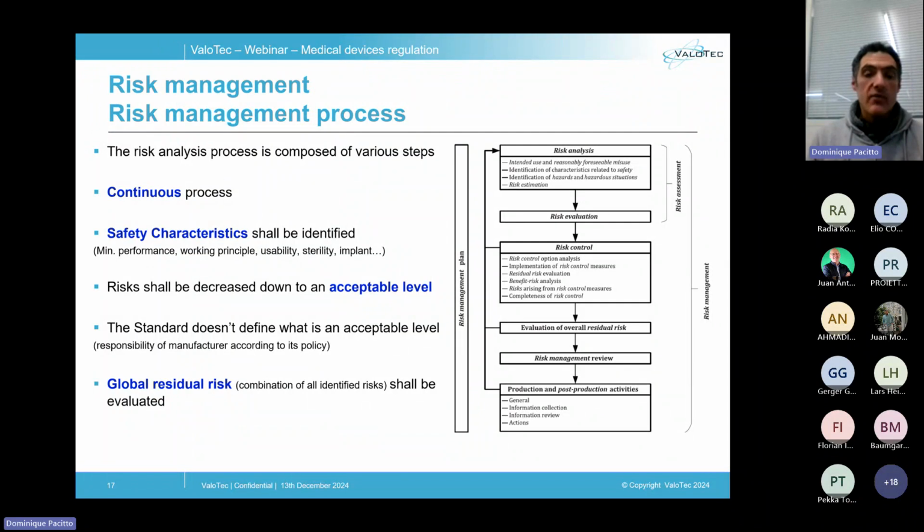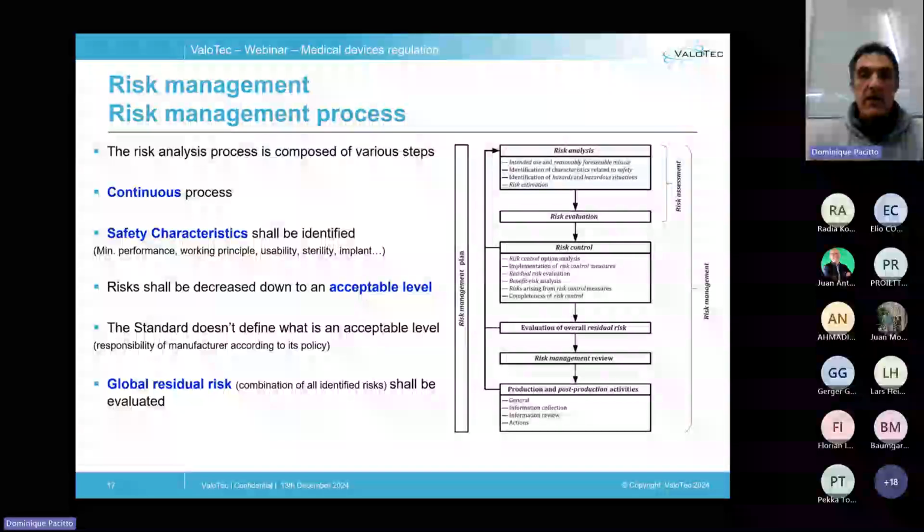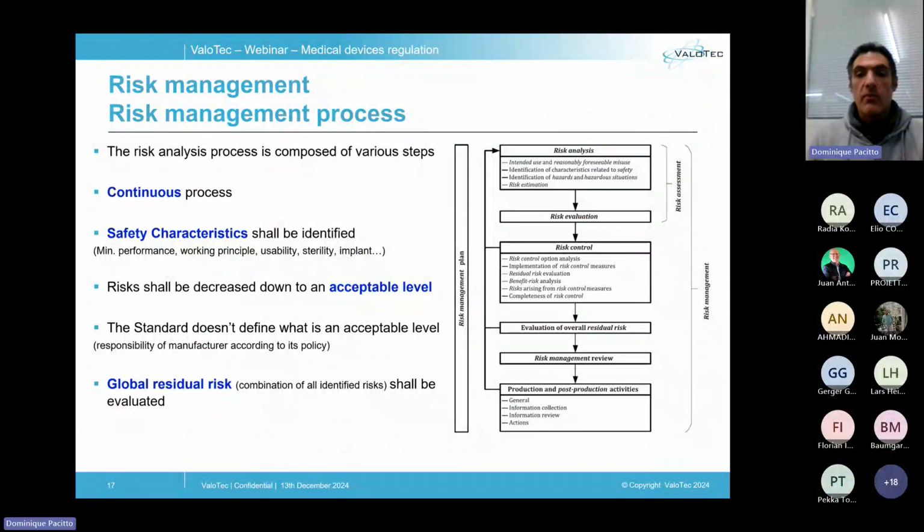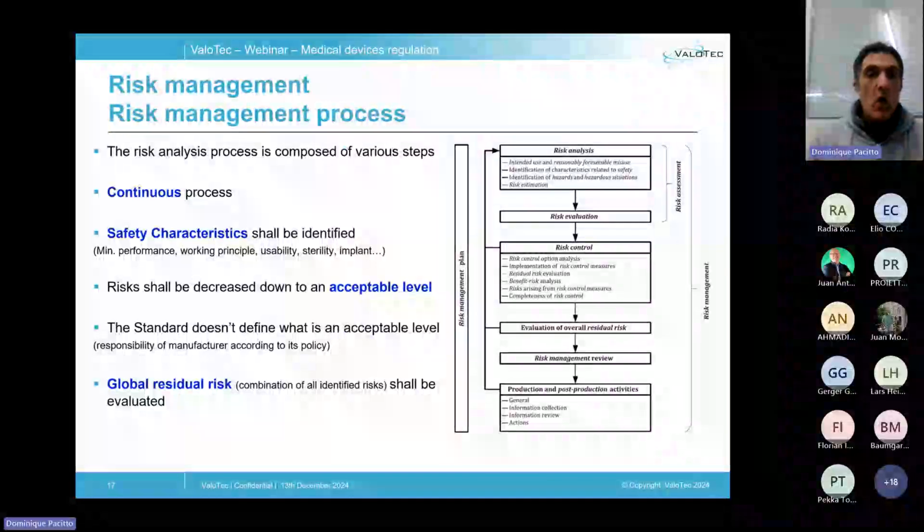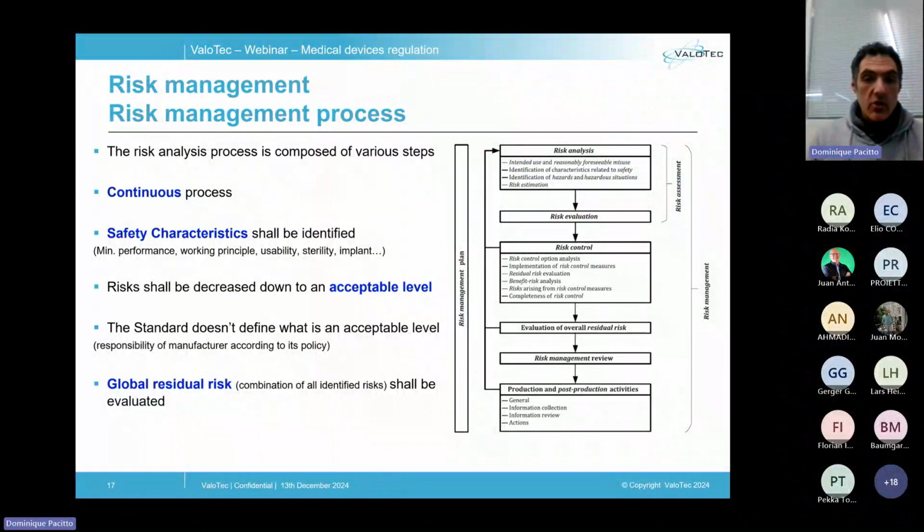The first step is the risk analysis, which consists, as I said, in identifying the possible failures, hazards, sequences of events, and damages, but we are going to see that in the next slide. The second step is the evaluation of the risk. Then comes the definition of the means of risk control, meaning to take measures to lower the risk level by eliminating a hazard or reducing the probability or the severity of the damage.